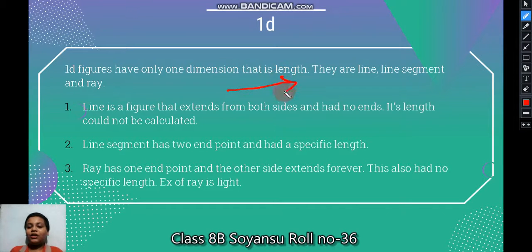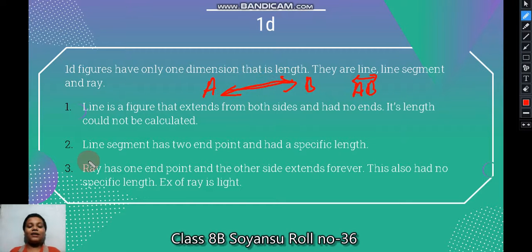We draw a line using arrow marks. If we mark points A and B on it, its name will be line AB, but it has no endpoints. We show it with the help of arrow marks, and we write this line as AB.